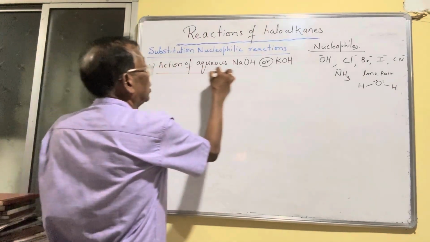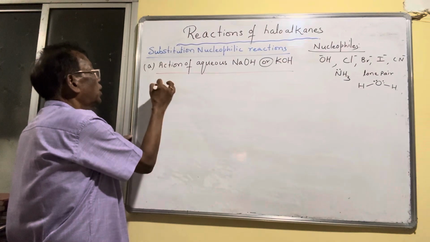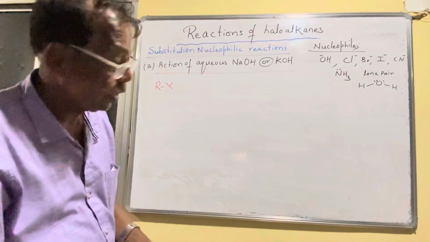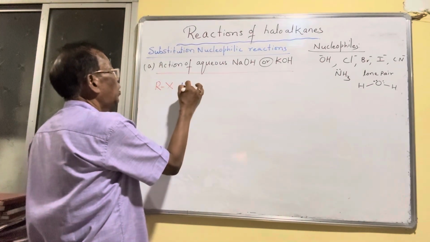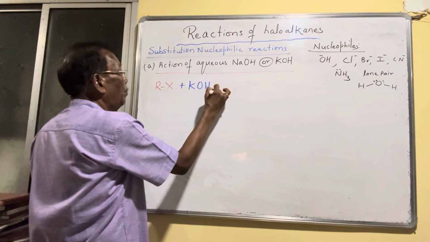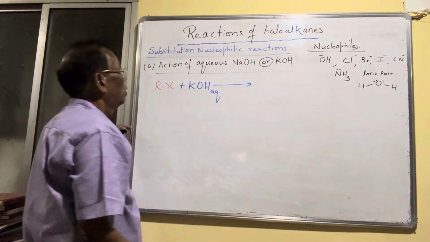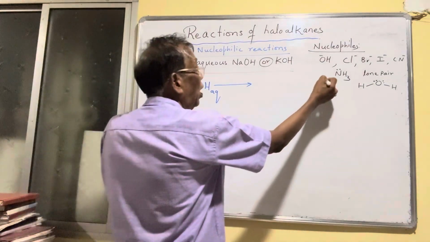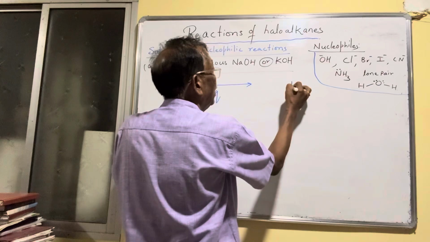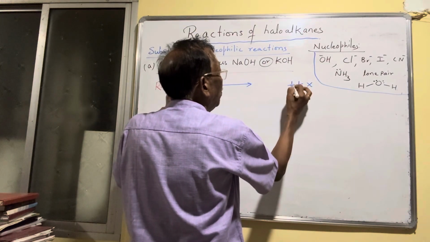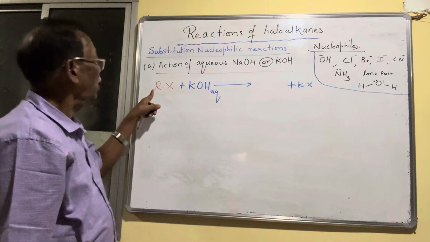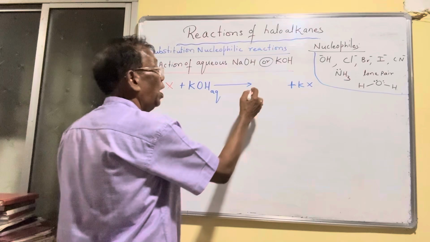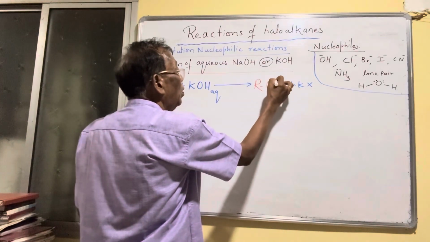Remember, I am writing the general equation: RX plus NaOH or KOH aqueous, any one. What will happen here? K and X will go out as KX. This is out. Now what is left here? R and OH. So you will get the compound R with OH.